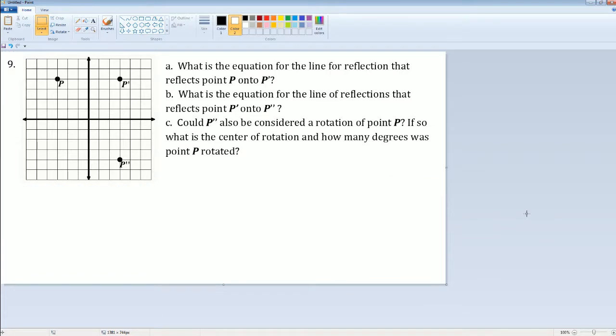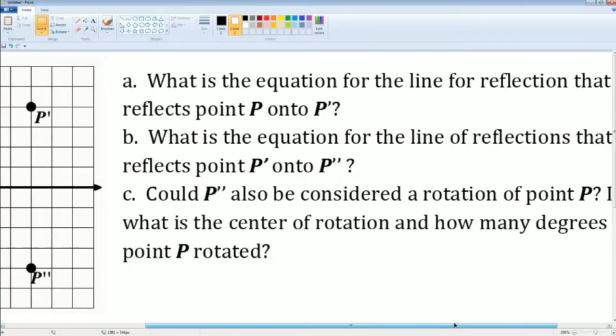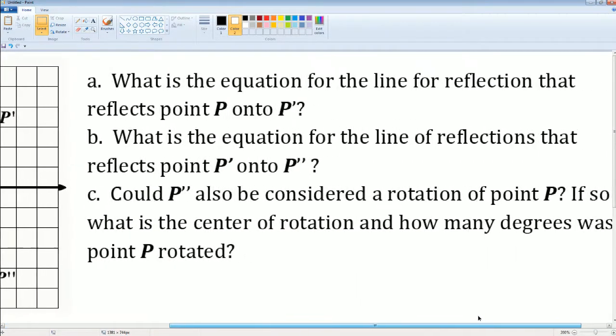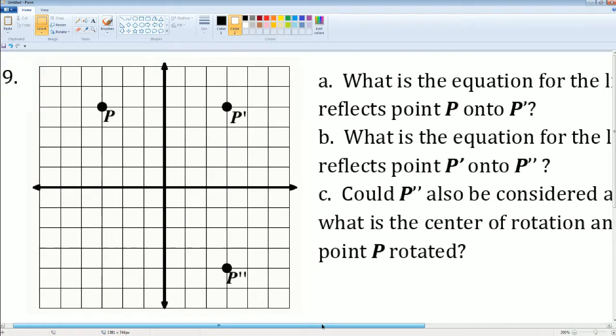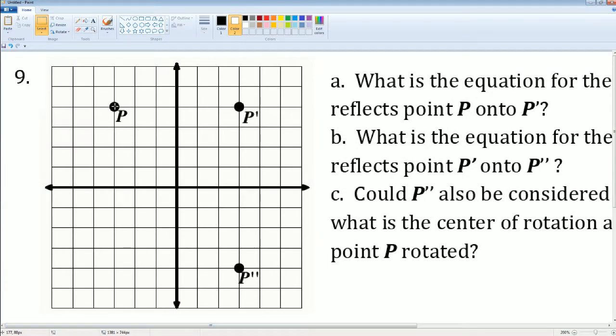So the question asks us, what is the equation for the line of reflection that reflects P to P prime? Alright, let's look. We go from P to P prime, and it's a reflection. Remember, one of the properties of reflection is equidistance. So, let's count from P to P prime: 1, 2, 3, 4, 5, 6.